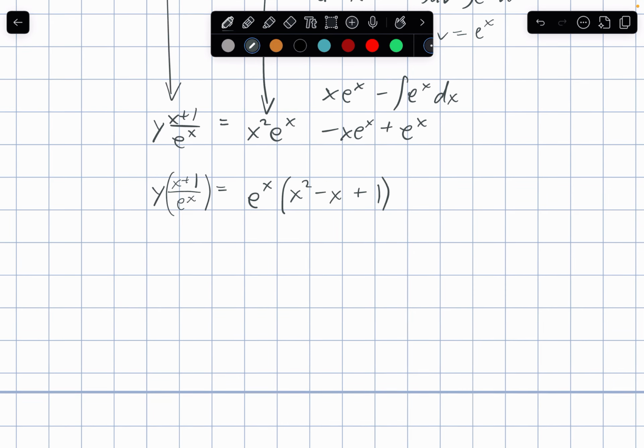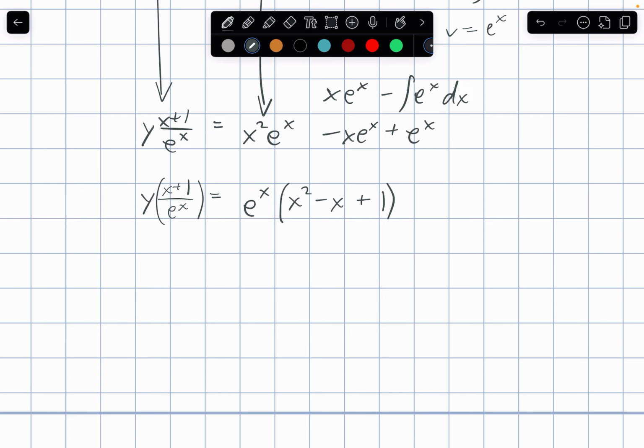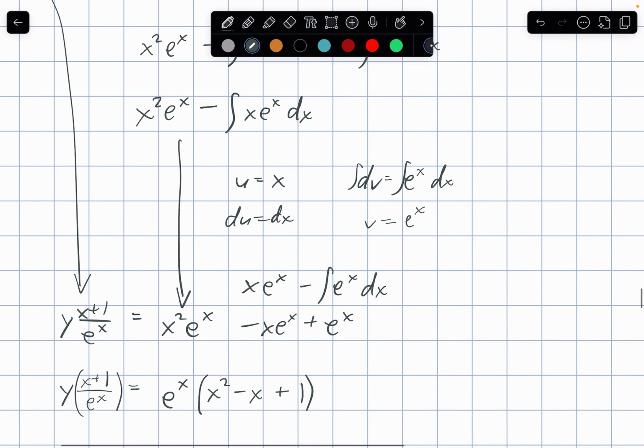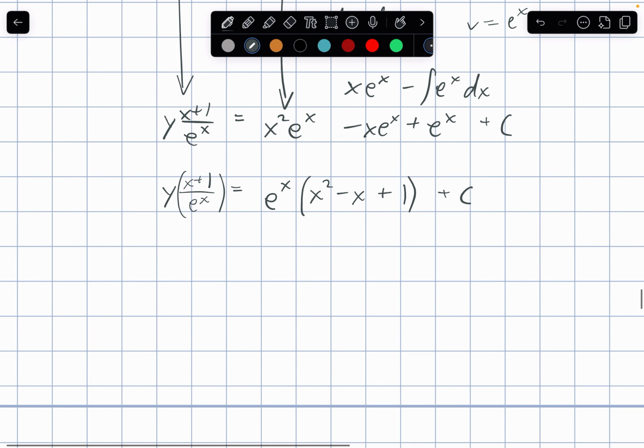So since this is, well, by default, you basically just solve for y. So after integration, yes, after integration, there has to be plus c, since we're dealing with indefinite integrals. Basically solve for y. I am yet to see a scenario where we have to solve for x.